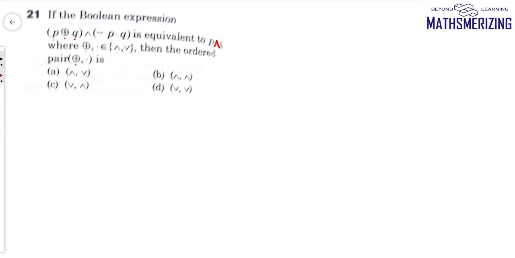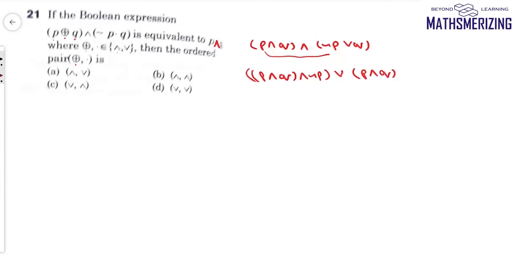So we'll start with option number A, and option number A is P and Q and not P or Q. So we'll use the distributive property. So we'll write P and Q and not P, or P and Q and Q.